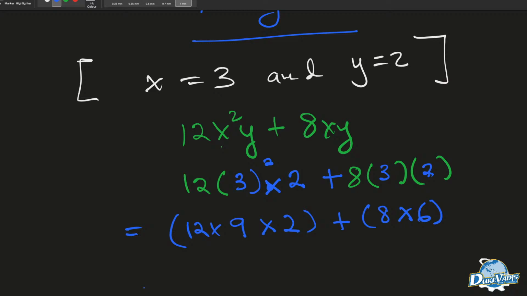With my calculator, 12 times 9 times 2 is 216, and I know 8 times 6 is 48, so plus 48.